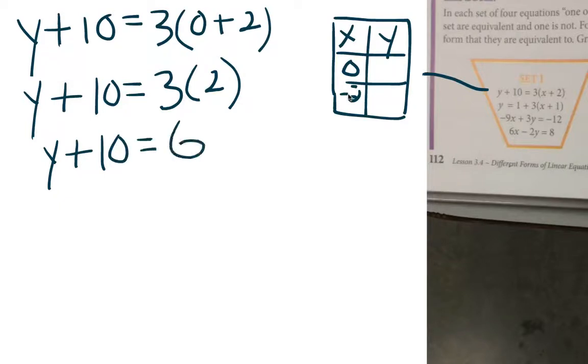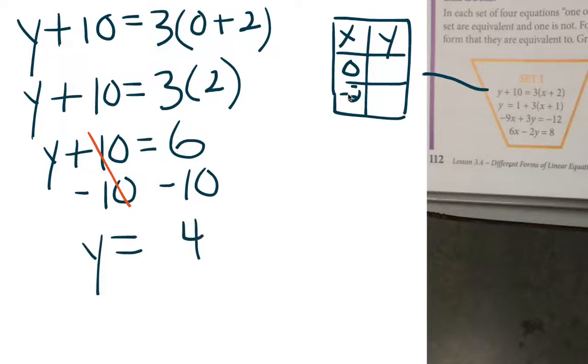So this is how we found the value of y when x was equal to 0. It turns out that y is equal to negative 4 when we simplify it and then solve this one-step equation. So y was equal to negative 4.